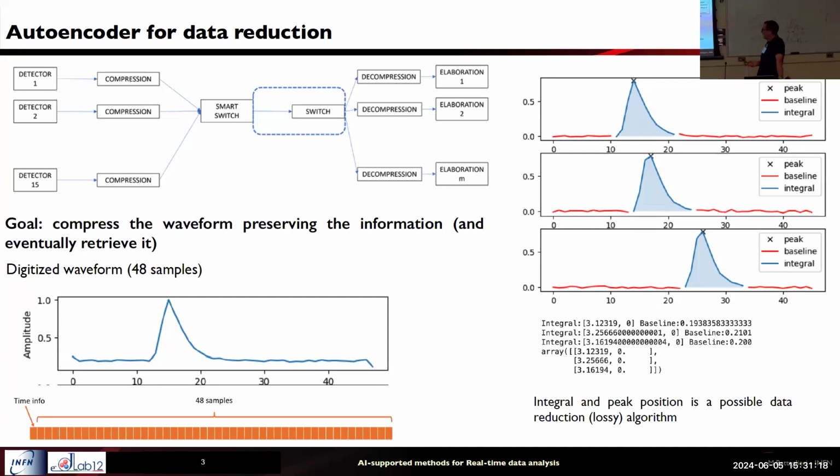AI machine learning algorithm. At the end of the day, we are anyway interested in the charge, the integral of this peak, only the peak, and this will be our, let's say, performance evaluator.